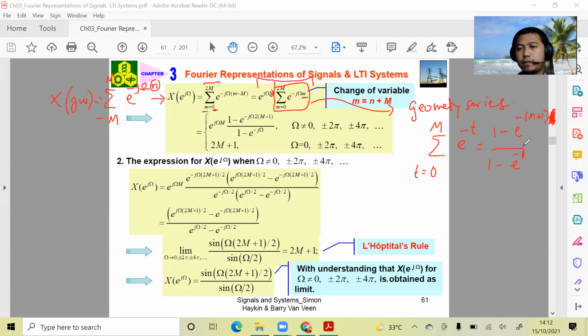Something like this. Okay, this is the geometric series in compact version.